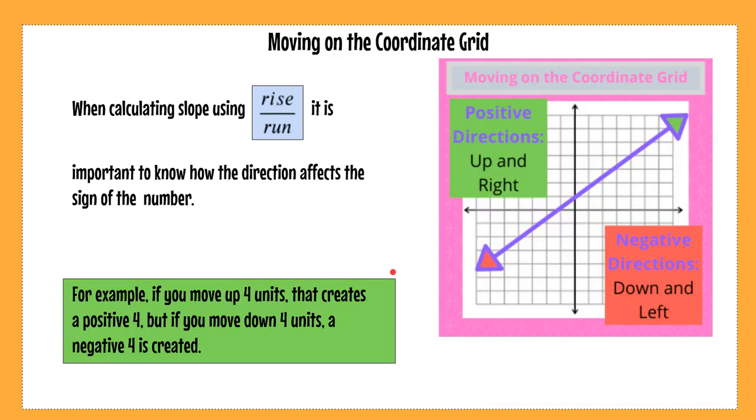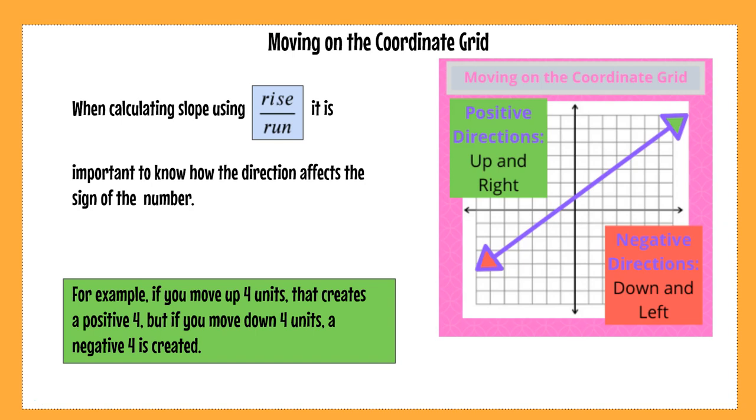So it's important for us to remember how to move on the coordinate grid, especially when we're calculating using rise over run. So it's important to know how the directions affect the sign of the number when we do this. So I want you to think and remember positive directions. If you're moving up or you're moving right, those are positive directions. Down and left are negative directions.